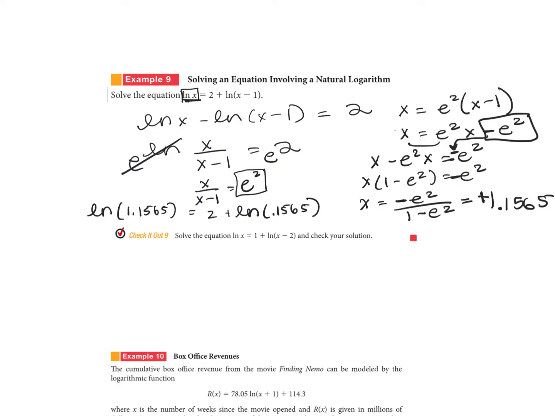So if I do that, I'll type it in exactly, the e squared, the negative e squared, just to make sure I didn't make any other errors.